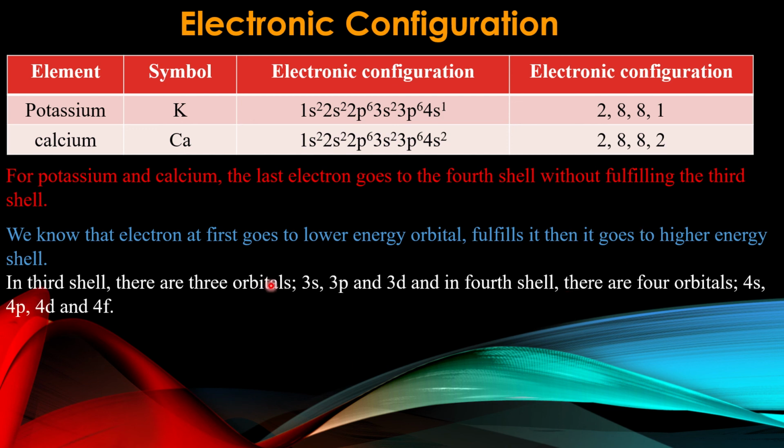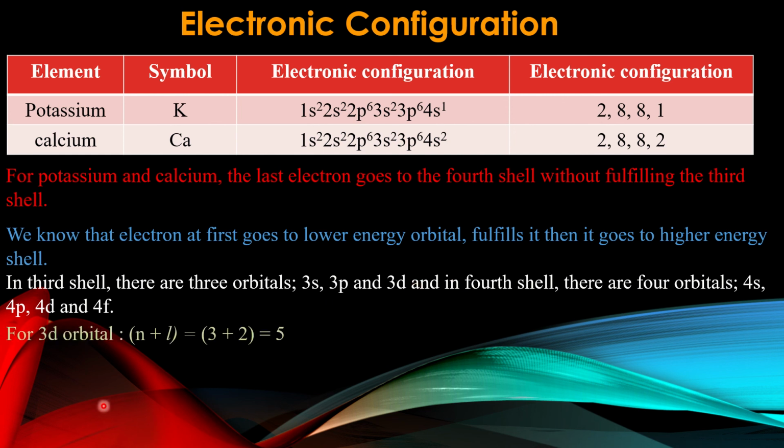In the third shell there are 3 orbitals, 3s, 3p and 3d, and in the fourth shell there are 4 orbitals, 4s, 4p, 4d and 4f. But the energy of 3d is more than the energy of 4s.